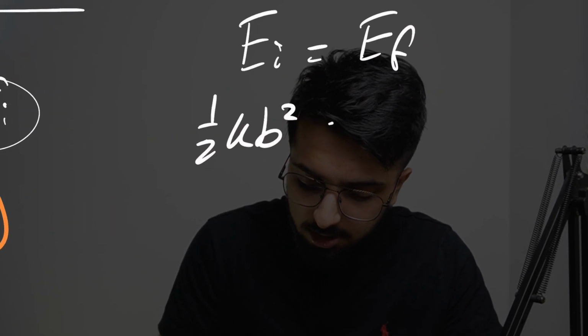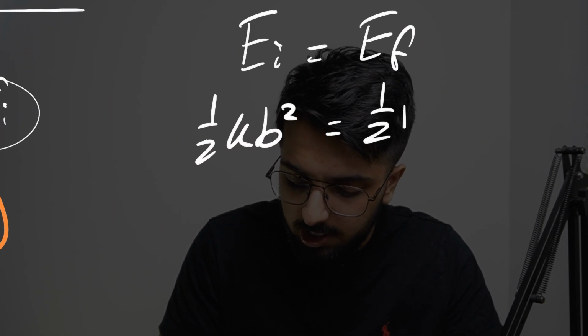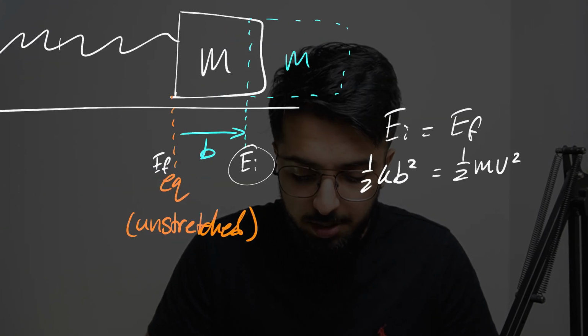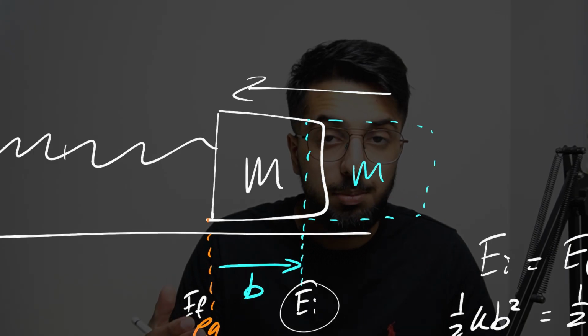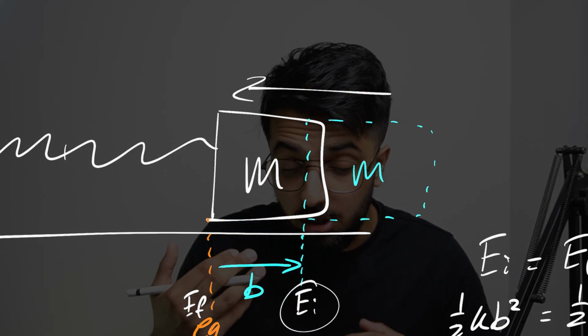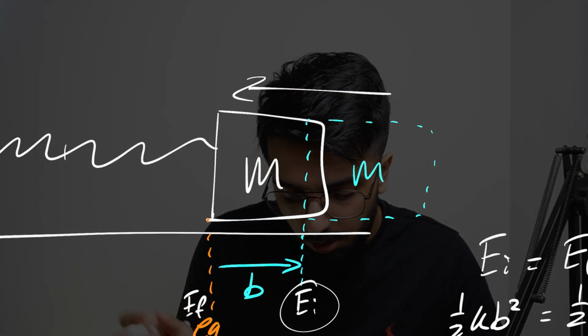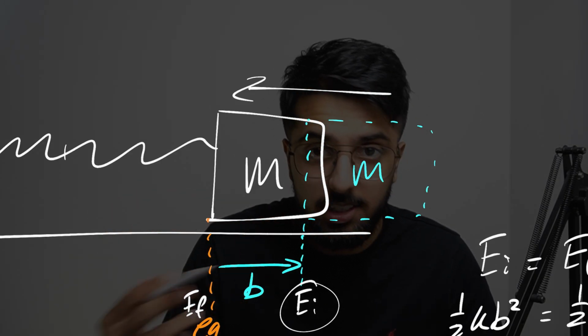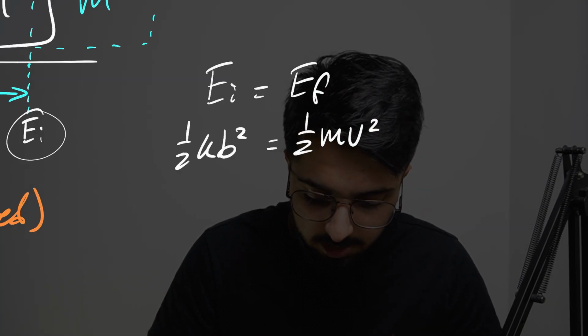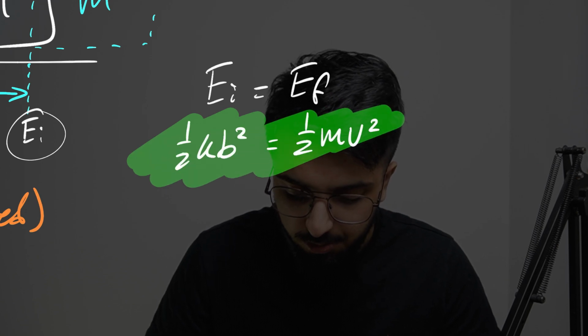And finally, this is all going to be equal to the kinetic energy of the mass, because as the mass moves this way, obviously once it reaches equilibrium position, like I said before, there's going to be no elastic potential energy, and so the only energy that is present is the movement, and so we know that's kinetic energy. And so we get this nice relationship as so.